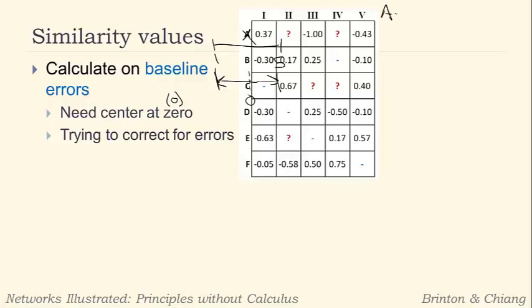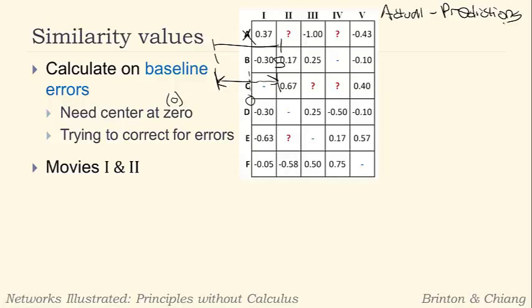So I took the actual values and I subtracted the predictions. So if the predictions were higher than the actual values, then this is going to be negative, which means, well, we should have made the prediction lower than we had it. And if the predictions are less than the actual values, then this will be positive, which means the prediction should have been higher. And so we can use the positive and negative values accordingly.